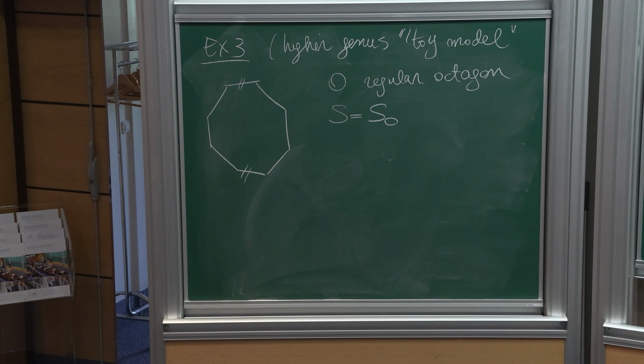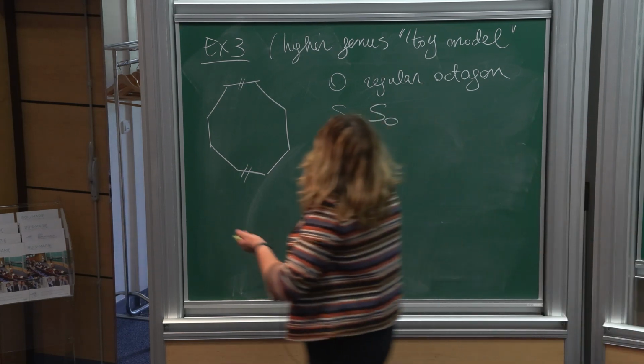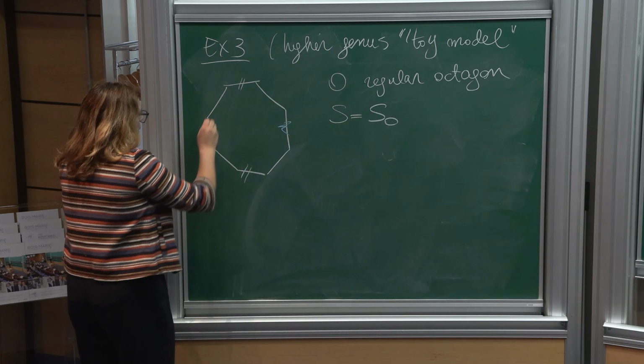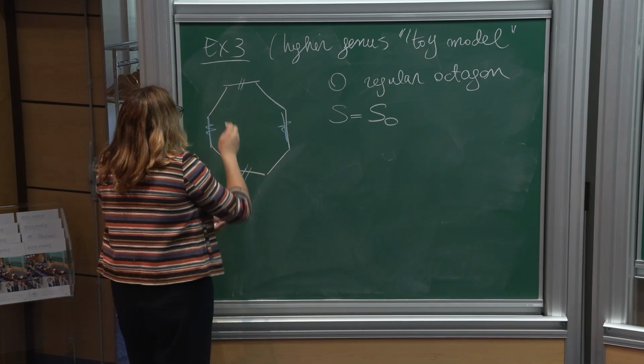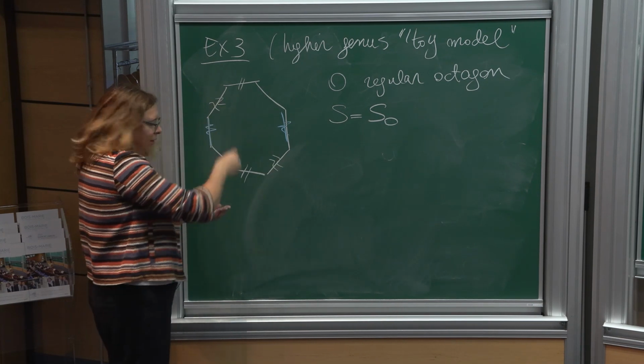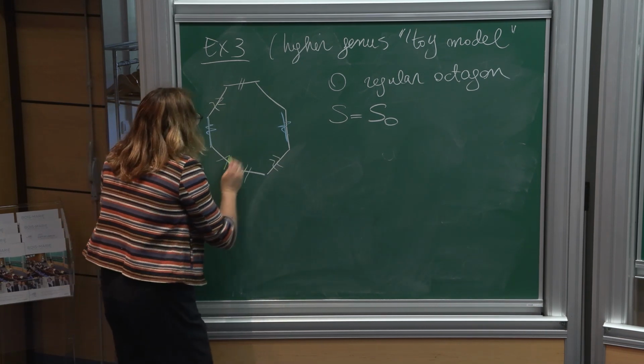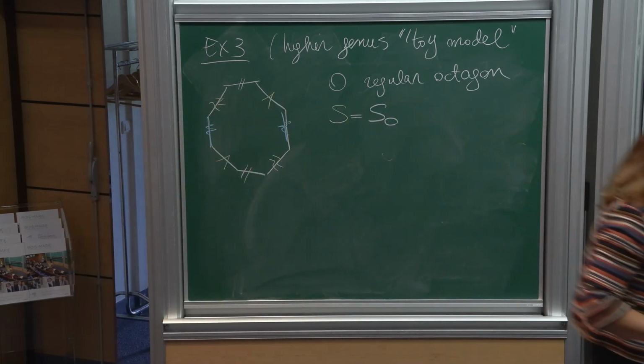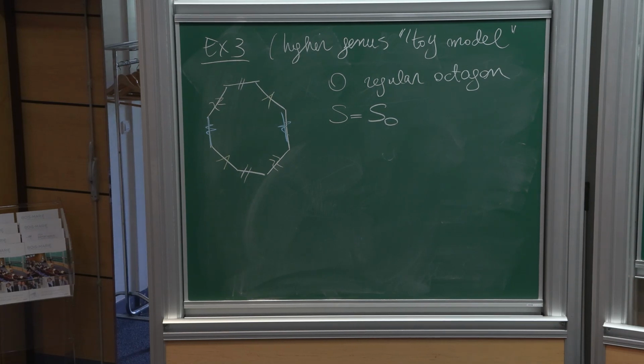So I'm going to take pairs of opposite sides and identify them by the unique translation which maps one to the other. On this we get a surface.